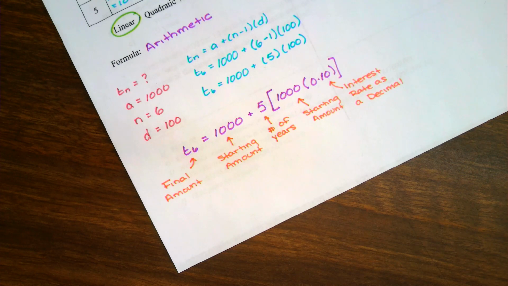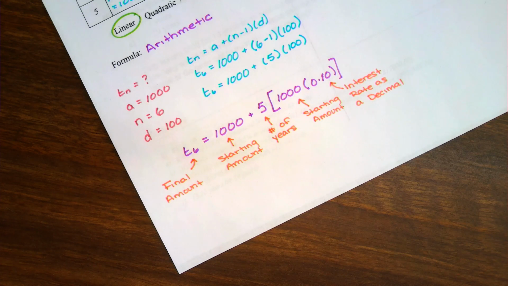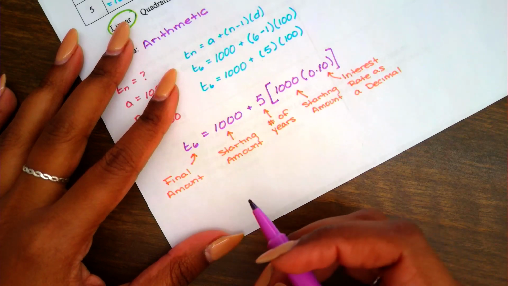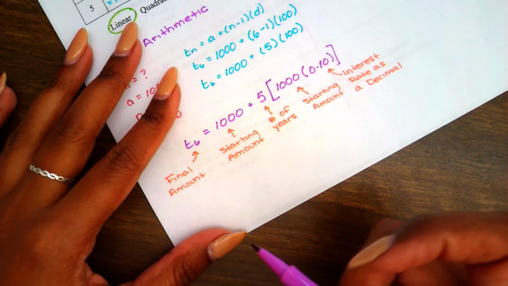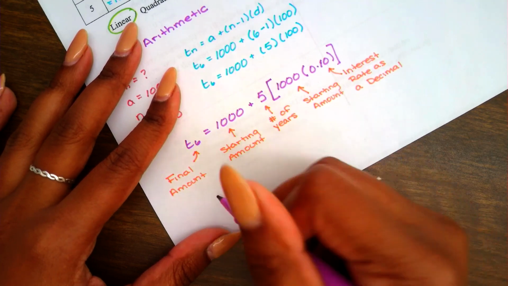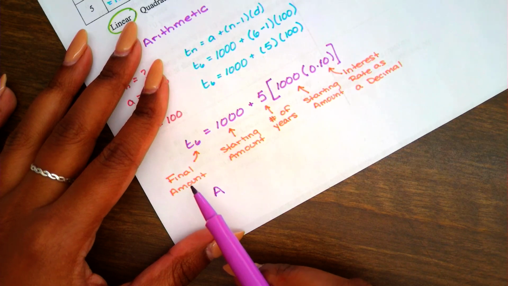So we're going to change this, and instead of writing it just like how we did in sequences and series, we have different variables this time. Because we're not talking about terms specifically this time. So instead of T6, I'm going to write this as A. It still represents my final amount though.